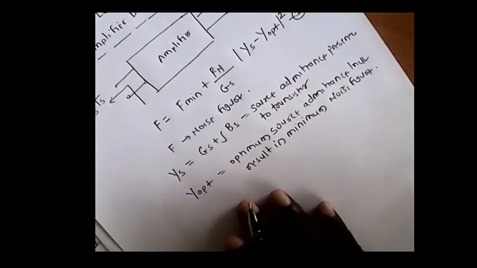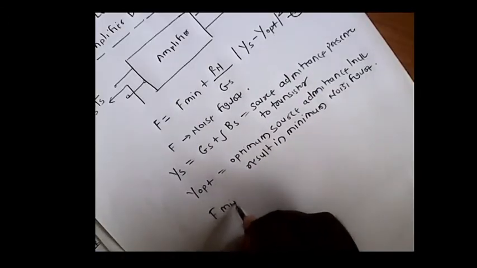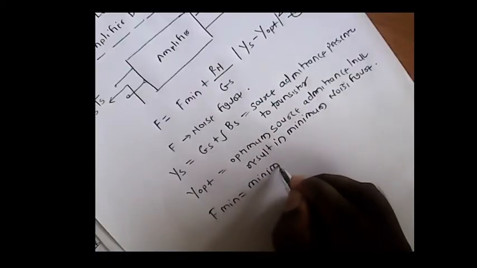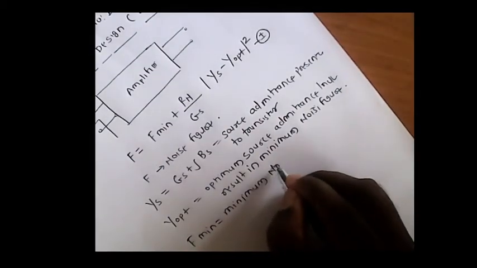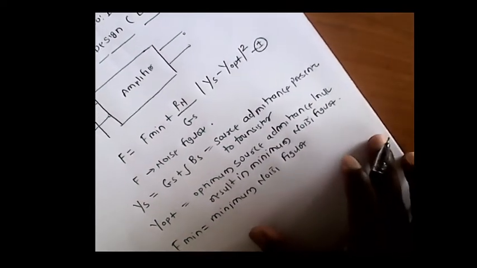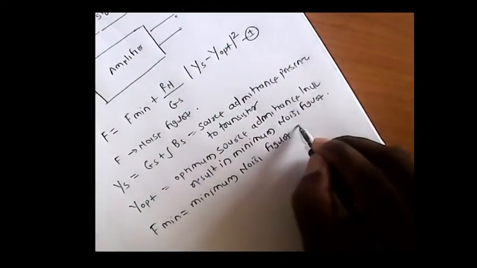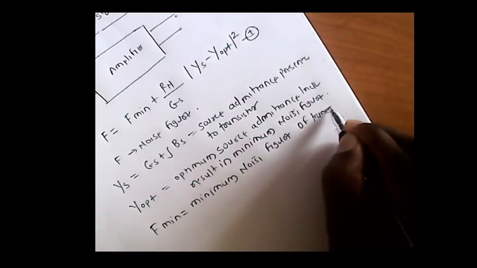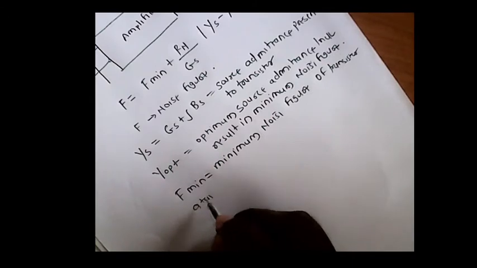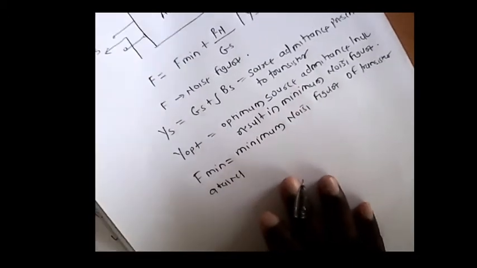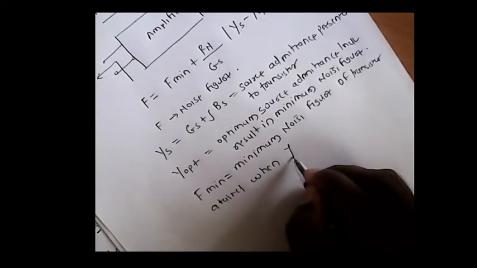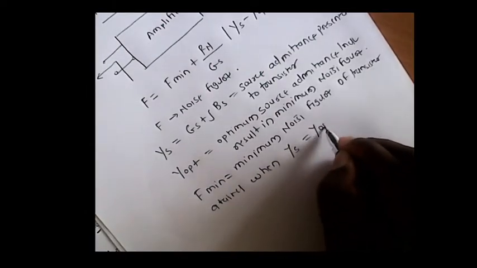noise figure. Then F minimum is the minimum noise figure of a transistor, attained when Y of S is equal to Y optimum.